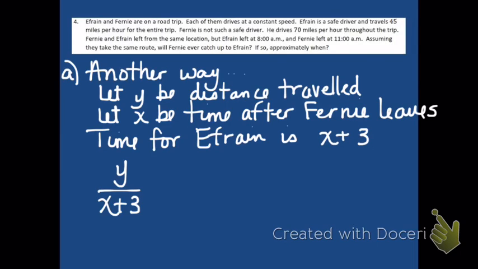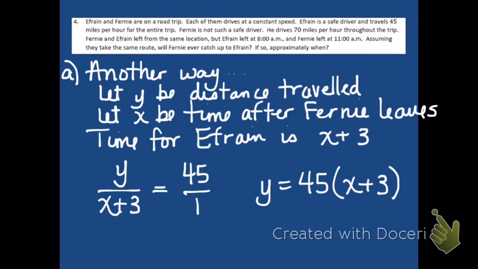So we can set up his constant rate: y miles in x plus 3 hours, and that we know is 45 miles per hour. So 45 over 1. By multiplying that out, I'm going to get that y is equal to 45 times x plus 3.